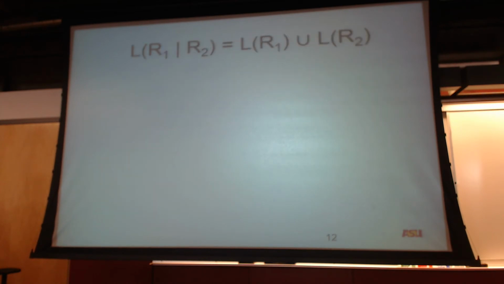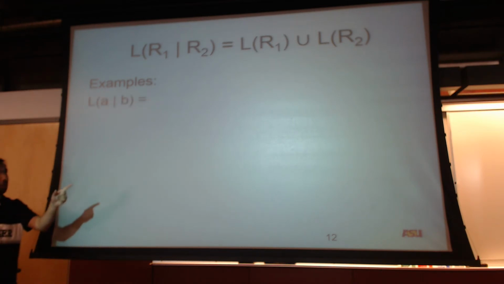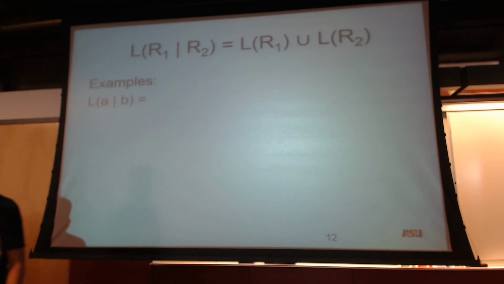So now let's do some examples. Let's see the example of the rule L of R1 bar R2, which means L of R1 union L of R2. Now you know small a and small b. Is small a a regular expression? Yes, small a is a regular expression. Small b is also a regular expression. So what will the language of a bar b be?